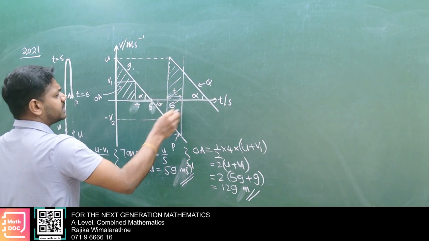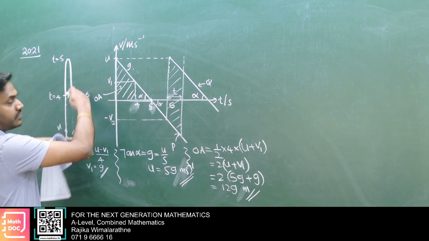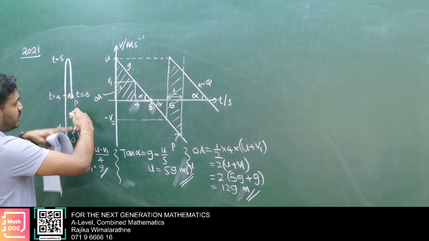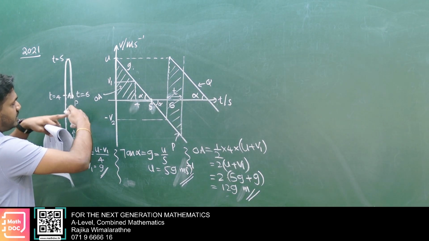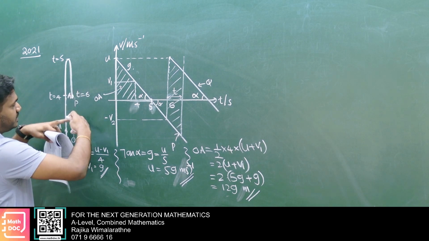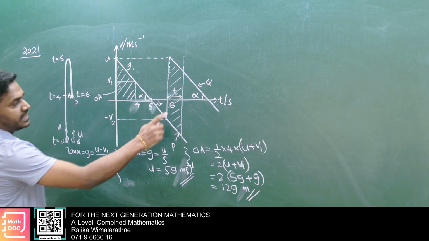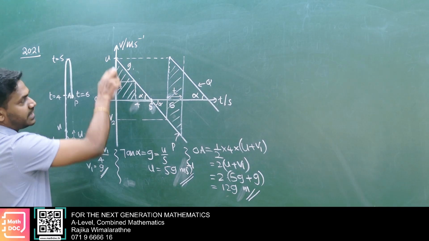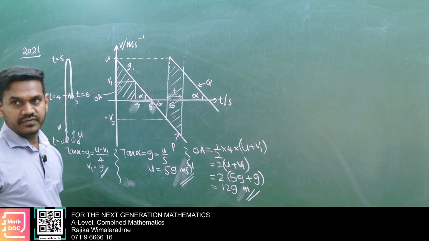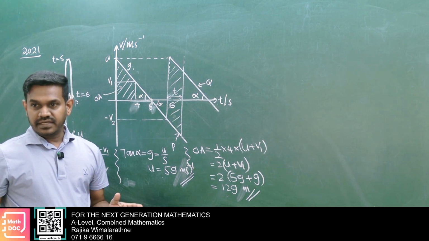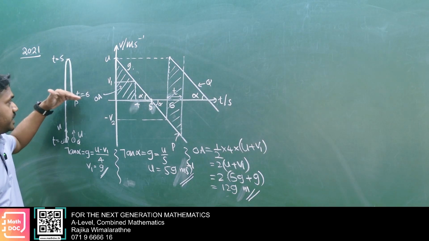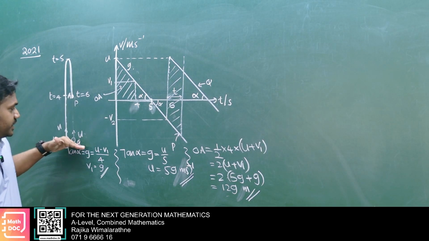So this displacement will be OA, no? Downward motion, upward motion, when they meet, the total displacement equals OA. Then again this shaded area.